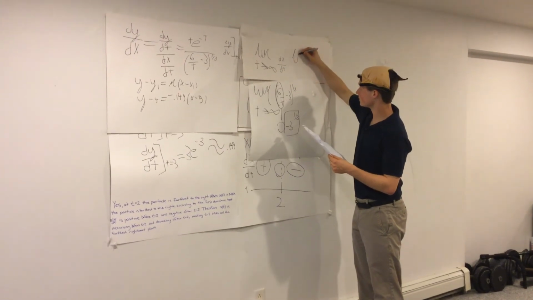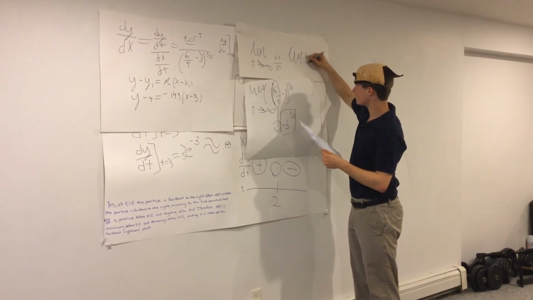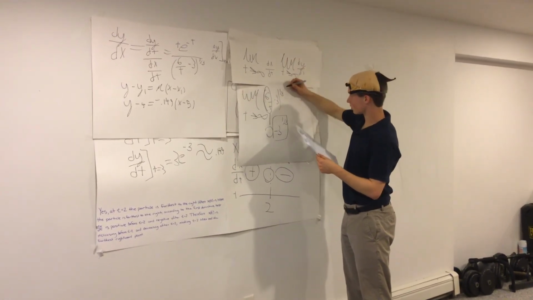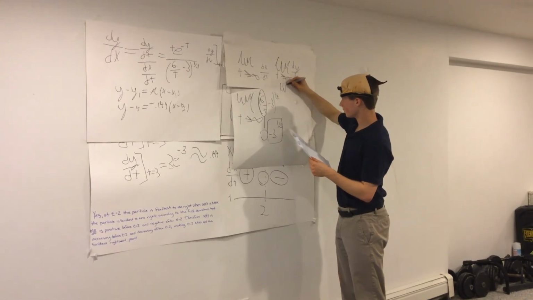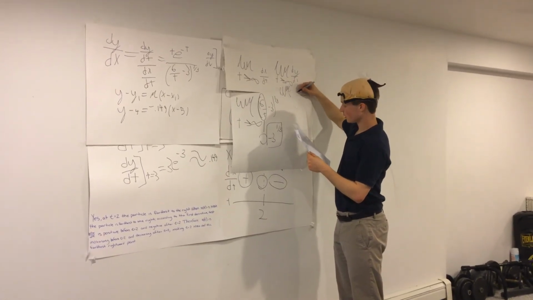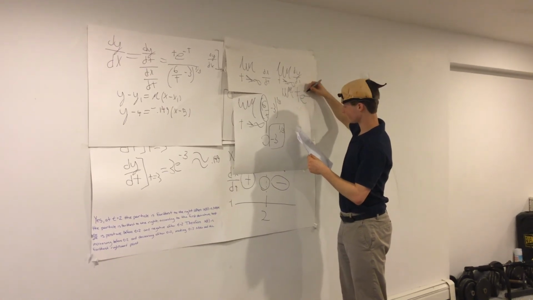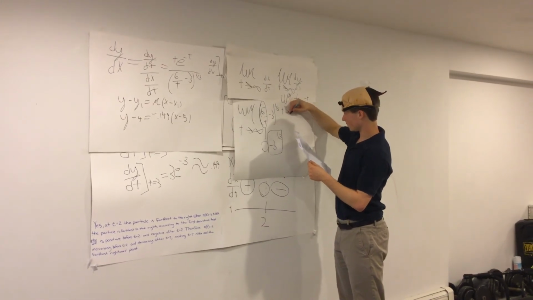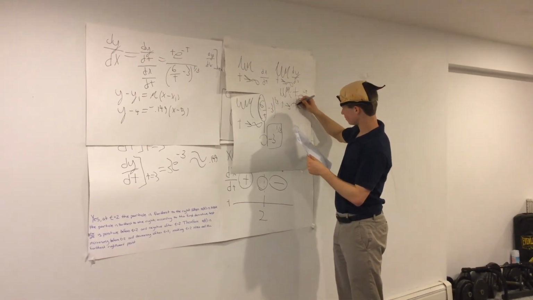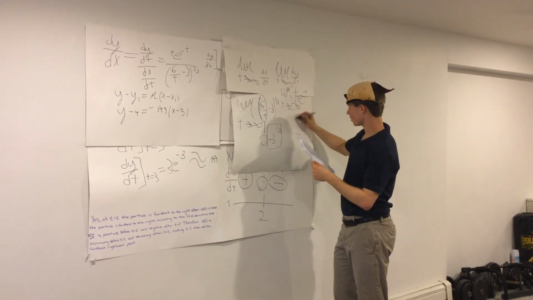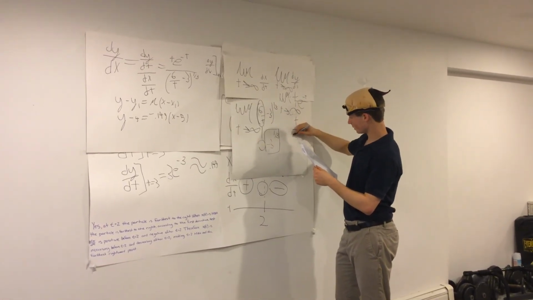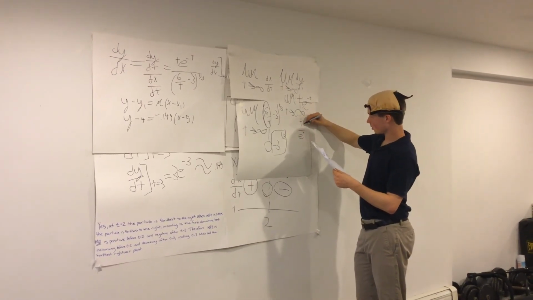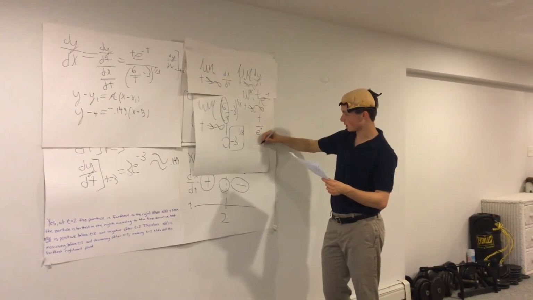The limit of dy/dt as t approaches infinity equals the limit of t e to the negative t as t approaches infinity. Here we have to use L'Hopital's rule. What's the derivative of the top? t is 1.